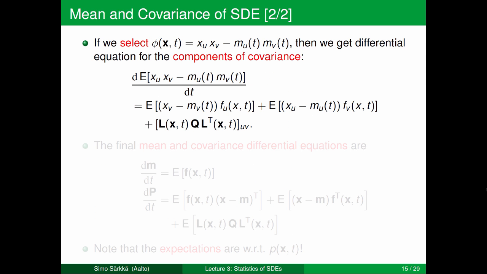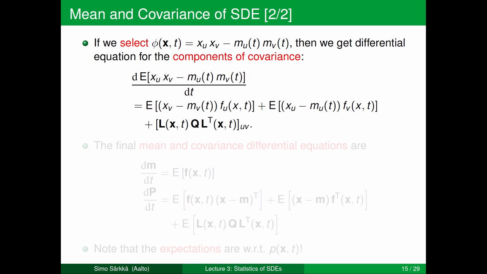In order to derive the covariance differential equation, we can select phi to be equal to x_u x_v minus m_u m_v, where u and v are two indexes of x, and the means m_u and m_v are also allowed to depend on time.